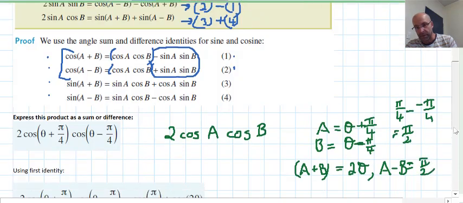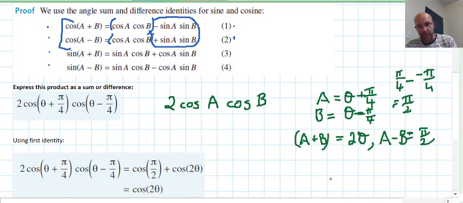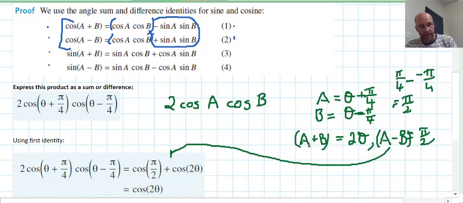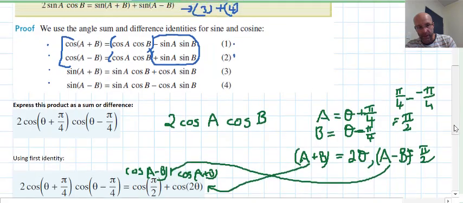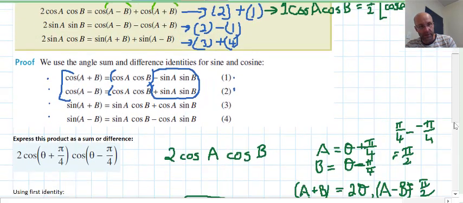So let's have a look at how that goes. We can see A minus B there, and we can see A plus B there, and that would make cos of A minus B, cos of A plus B. Does that follow the pattern? Let's check back up there: cos A minus B, A plus B, yes it does.